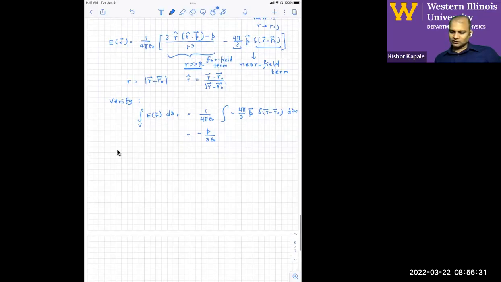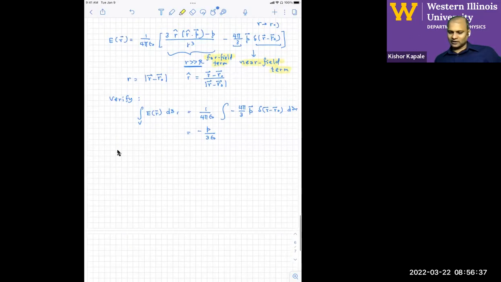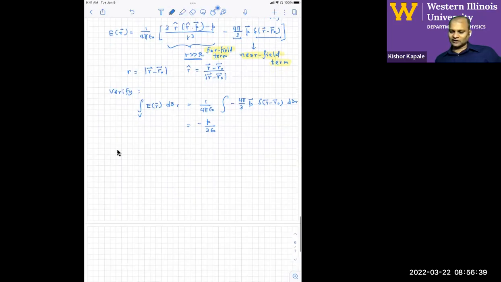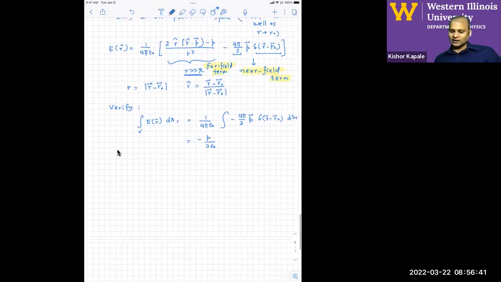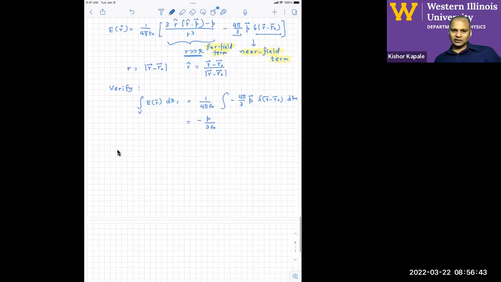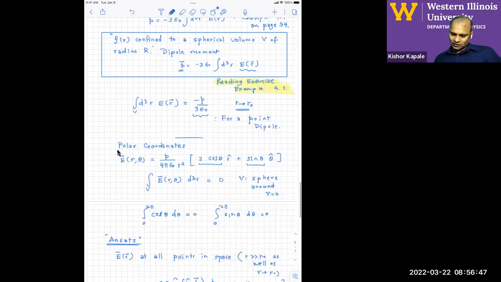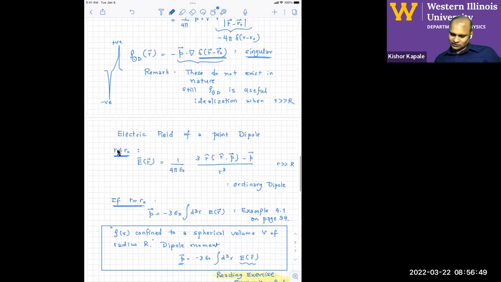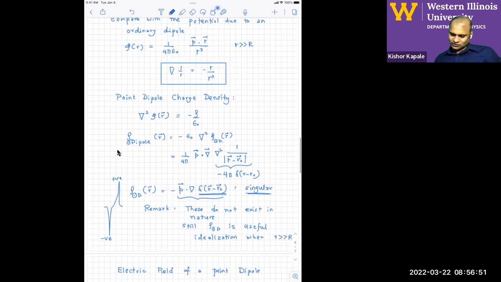And both of those are crucial, right? Because depending on what you want to do, if you're far away, then it's fine. But if you want to write down a general electric field expression, it needs to include that. And that's the near field term when you're close to it. And we got that from the dipole system here, right? So the point dipole structure.